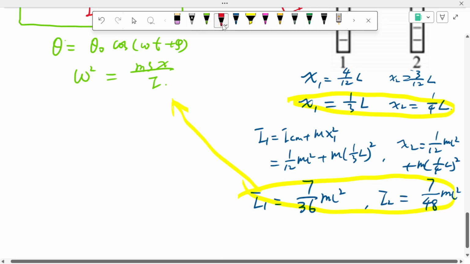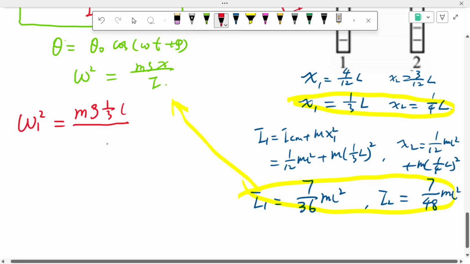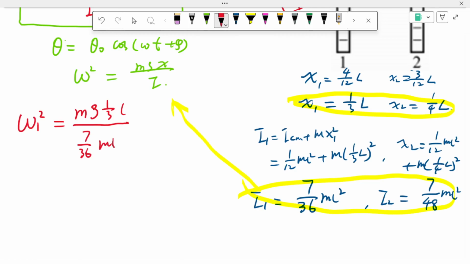So what do we have? For stick one, omega 1 squared equals mg x1, which is 1 over 3 L, divided by 7 over 36 ml squared. So what do we have? We have 7L over 12g.